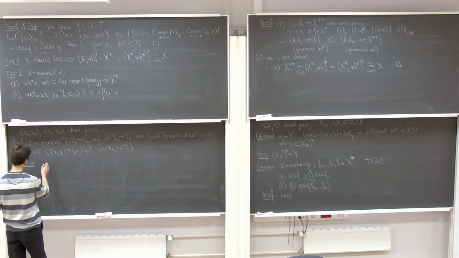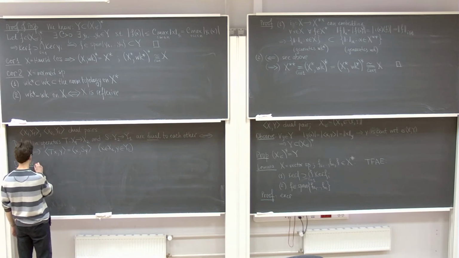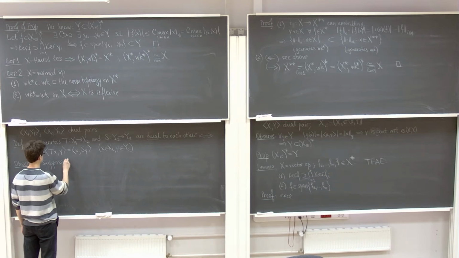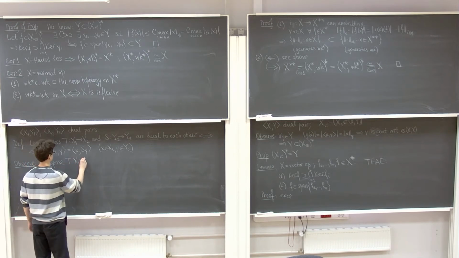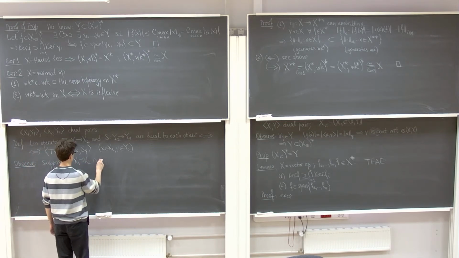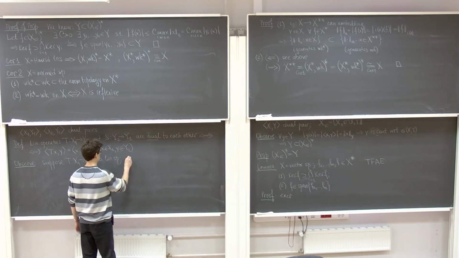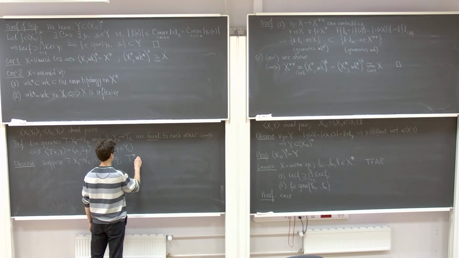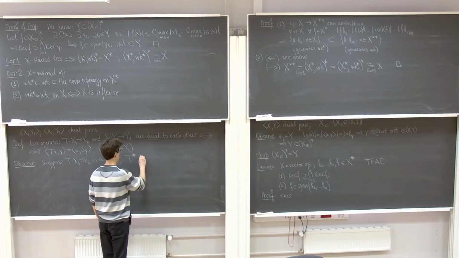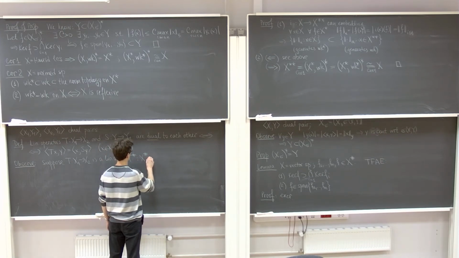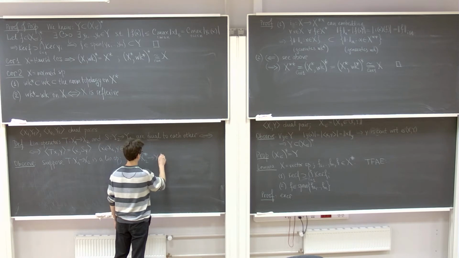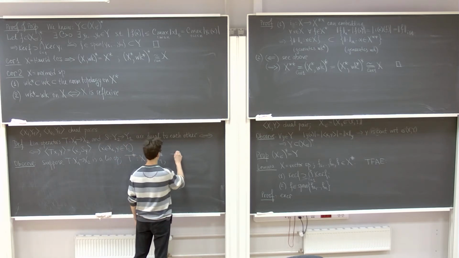Indeed, suppose that T is a linear operator from X1 to X2, and let's consider the algebraic dual T hash, which acts from X2 hash to X1 hash by the following formula.